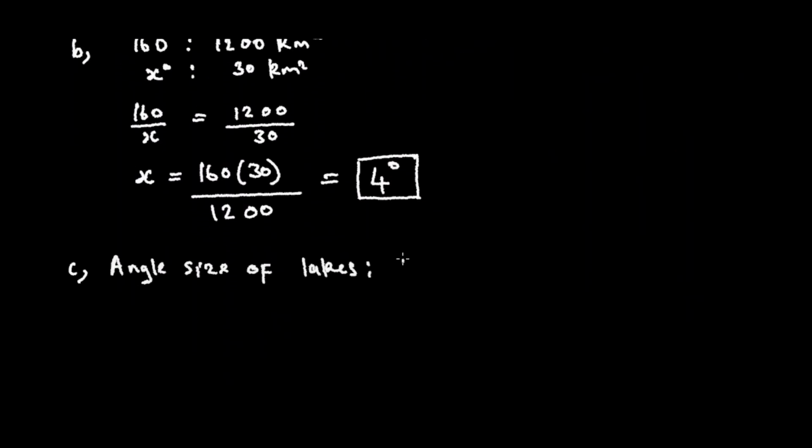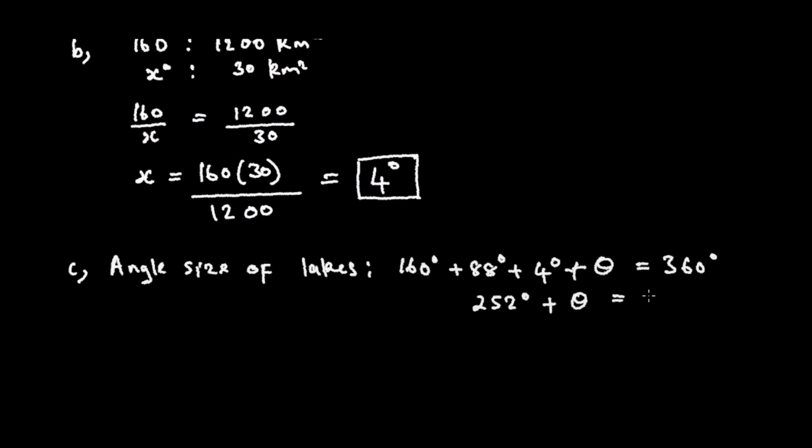So my angle zedu akamira say chati 160 degrees plus 88 degrees plus 4 degrees yata calculate hapo plus theta, which is the angle size for lakes, is equal to 360 degrees. Then of course tika add 160 plus 88 plus 4 tunaona 252. So 252 degrees plus theta is equal to 360 degrees.